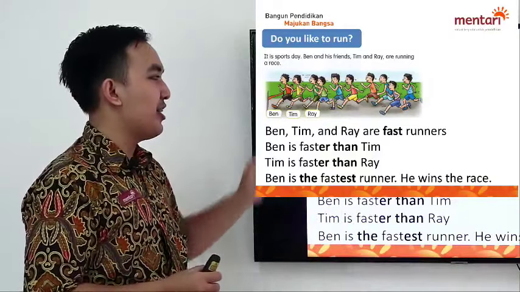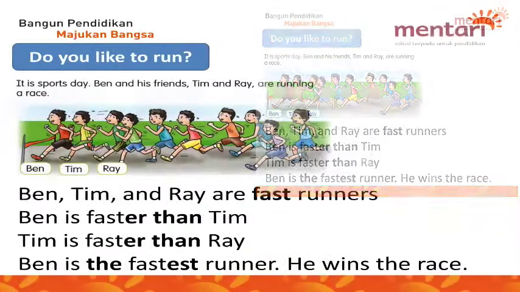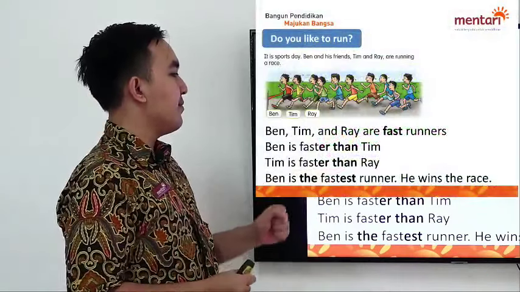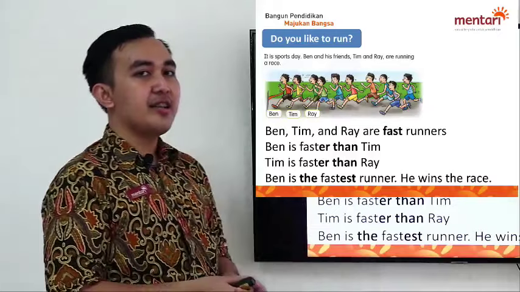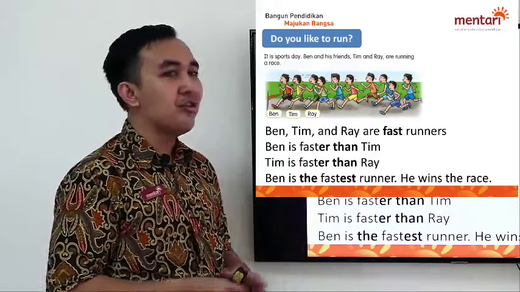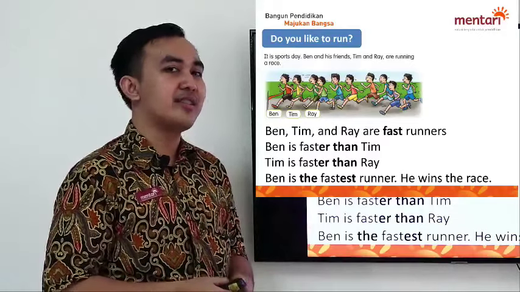The fastest means very close to the winner, very close to the finish line, and he is the winner of the race. However, Tim is still fast, but he's still in the second position. So Tim is not the fastest runner.